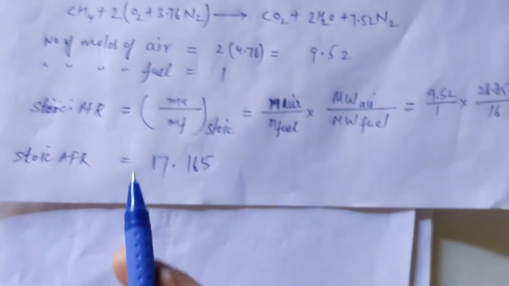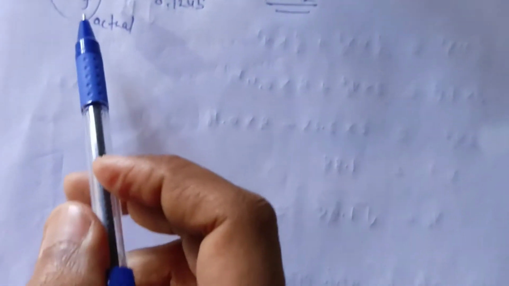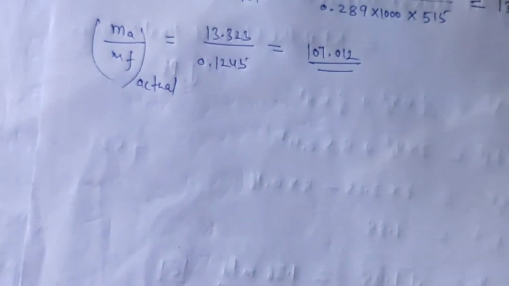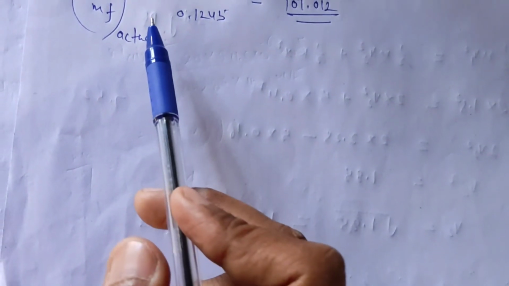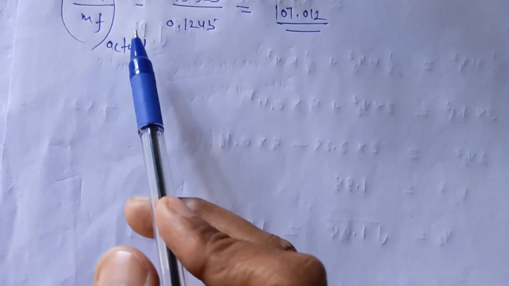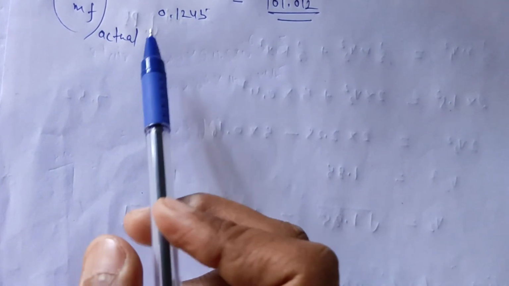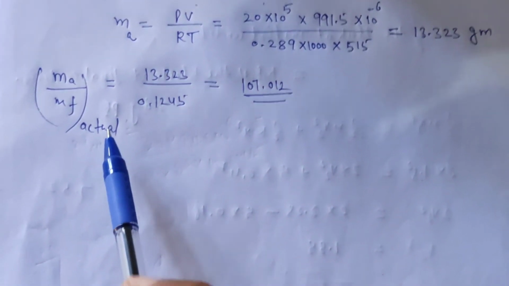In the previous page we calculated the stoichiometric air fuel ratio, and now here we have calculated the actual air fuel ratio. So we have both values, the actual air fuel ratio and the stoichiometric air fuel ratio.